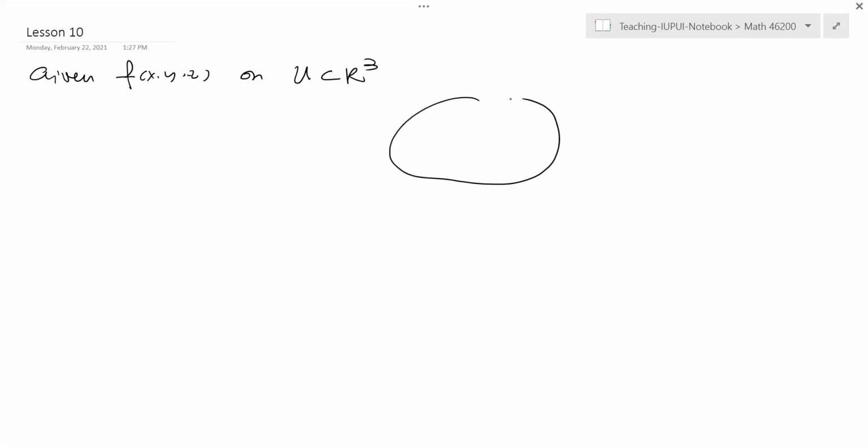This is called the level surface S, and S is going to be defined by this equation, f equals k.